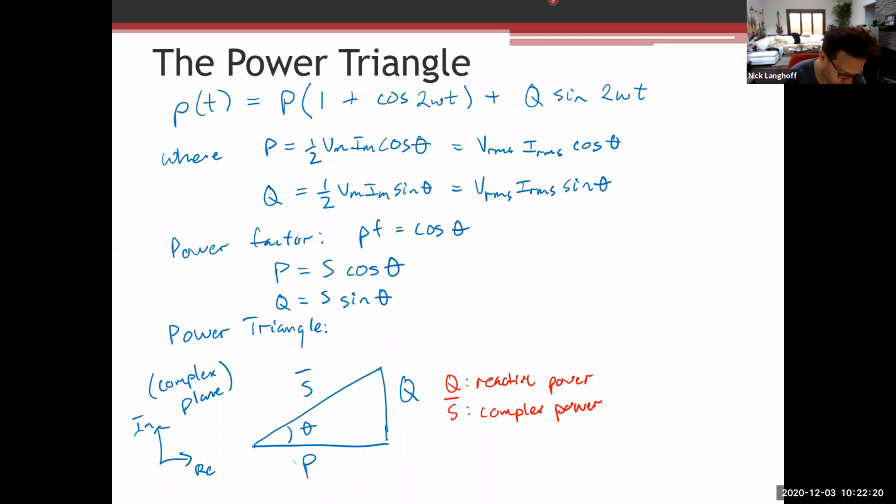Remember, S is equal to P plus jQ. And P is the real or average power, and recall that that is the power that's actually delivered.